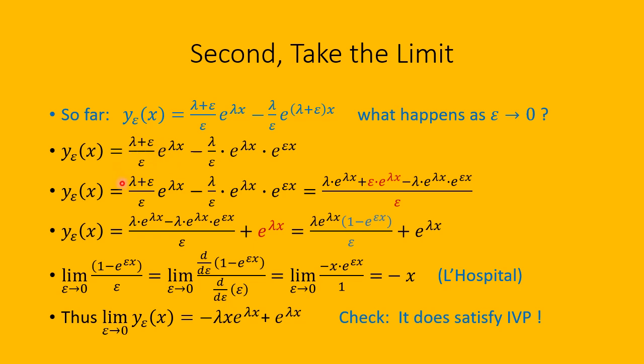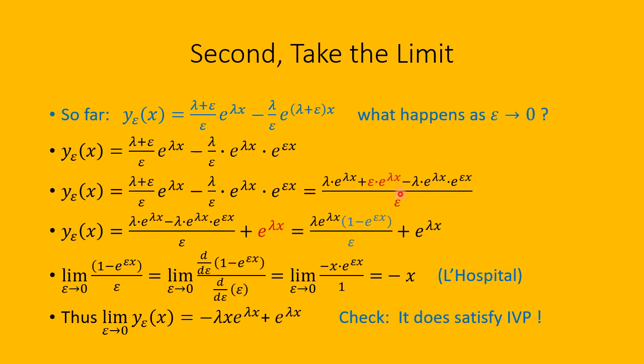Okay, now going to the next line down, this stuff here is exactly what we have up here. And now we're going to rewrite it. We're going to put everything over a common denominator of epsilon. Okay, so here's what we have. We have lambda over epsilon times this exponential, and that's what we have here. And then we have epsilon times this exponential over epsilon, and that's here.